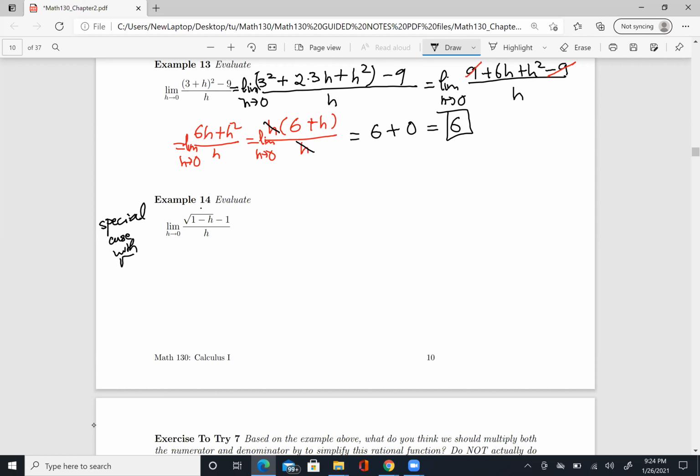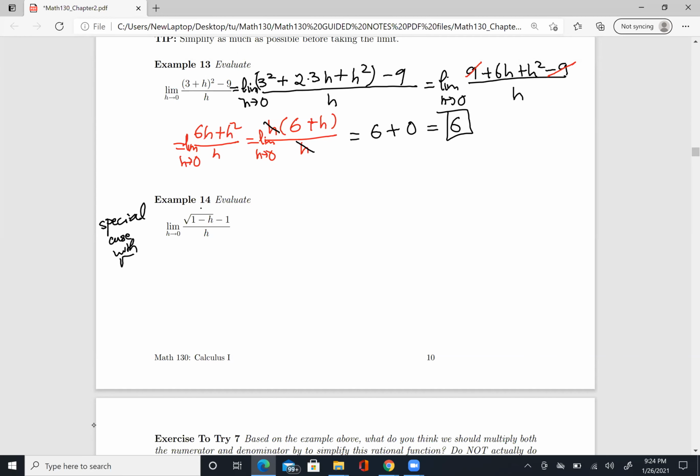If you see a square root in the denominator or numerator and minus or plus with something, you're gonna have to think about multiplying with the conjugate of this group.